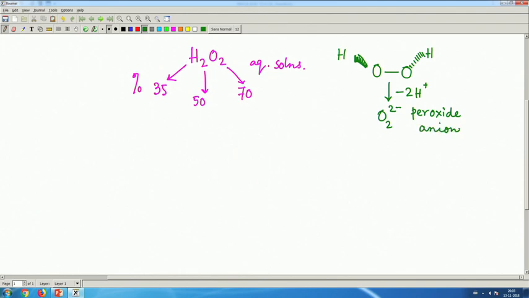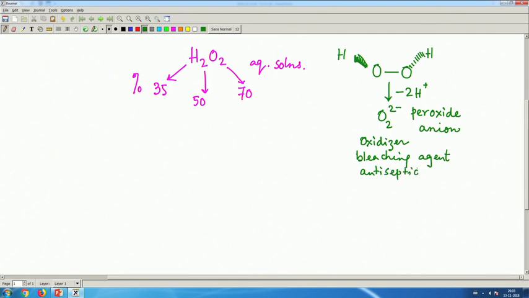So, we will see how this can be utilized, because it has very useful applications as an oxidizer, as a bleaching agent, or as an antiseptic.